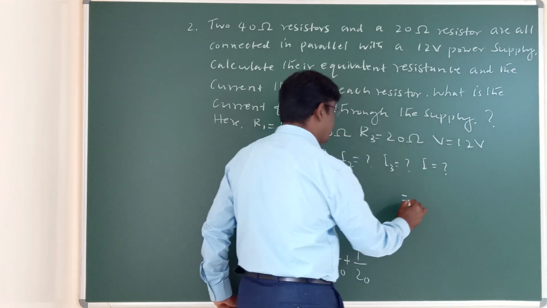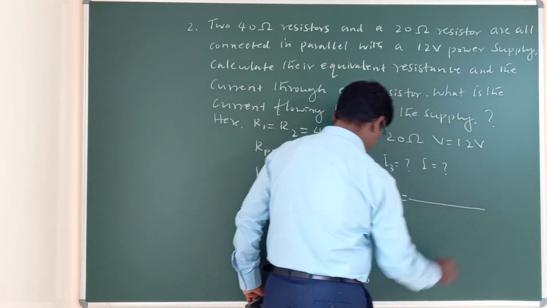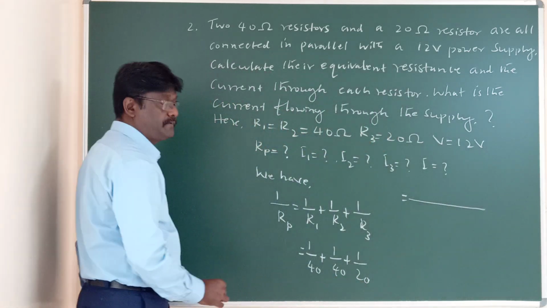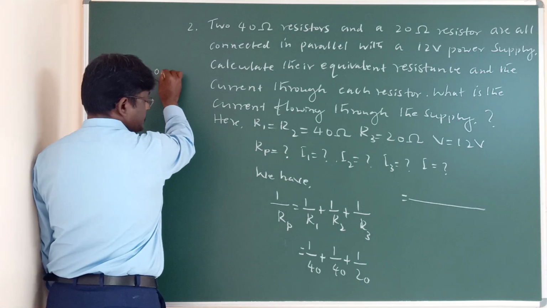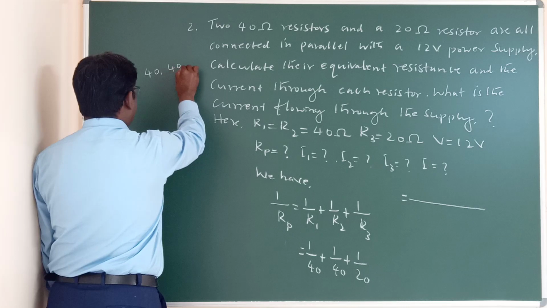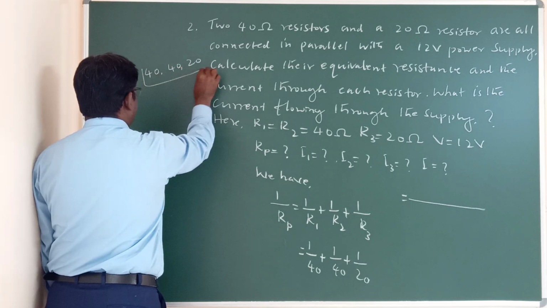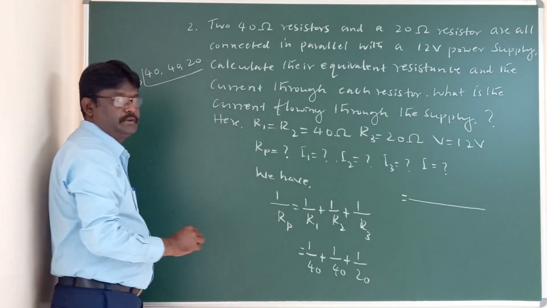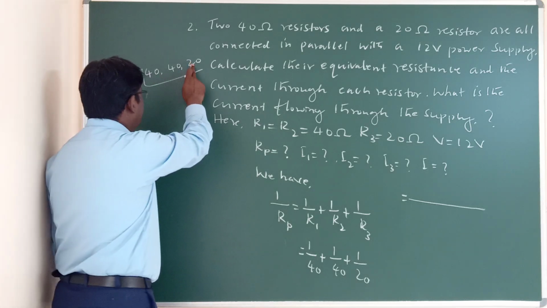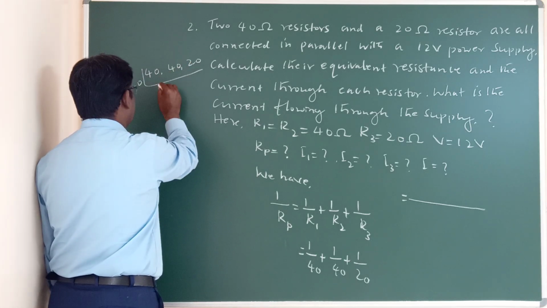Now let us take the LCM of this. What is the LCM of 40, 40, 20? Basic maths. In all three, 20 is common, so no need to start with 2. 20, 20, 20 is common.